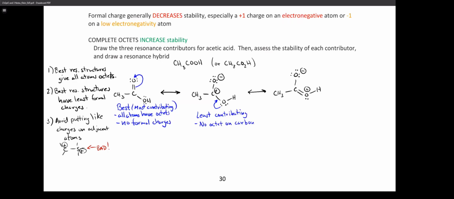So if you are going to have formal charges, don't ever put positives next to positives. Positives next to negatives are much more acceptable.